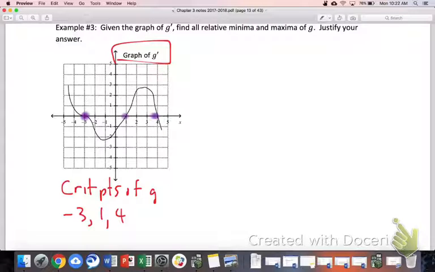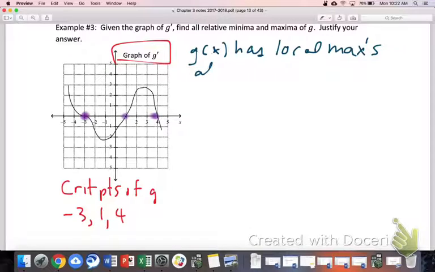Okay, so we can actually go straight to our concluding comments from there. But I'd say this: g of x has local maxes at x equals what and what? He's right.